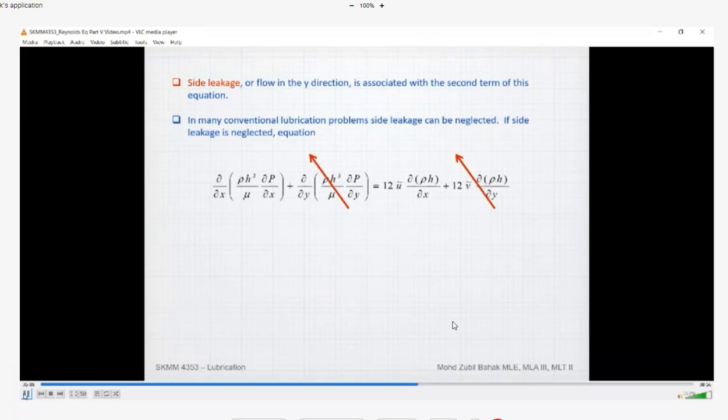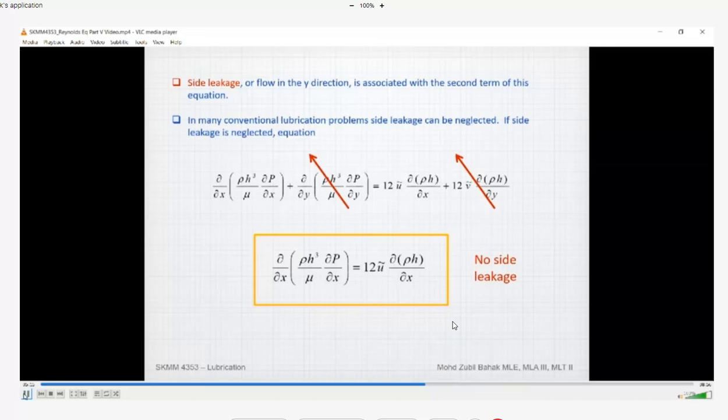Okay, so after taking that consideration, once again, this equation is for no side leakage. No side leakage. There is no velocity in y direction. So the reduced equation for the hydrodynamic equation now will become partial over partial x of rho h cube divided by mu partial p over partial x is equal to 12 u bar partial rho h divided by partial x.